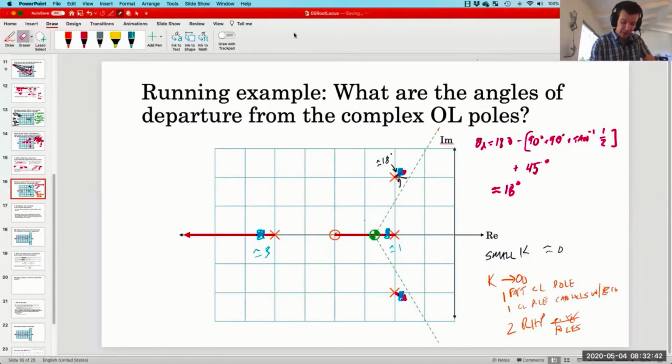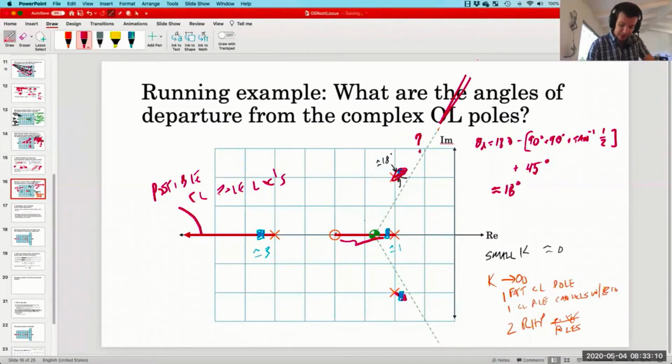And what these red branches represent are those possible closed loop pole locations. Now, this is just one branch, so this is just one closed loop pole location. This is another branch, and there is a third and fourth branch that we have this glimpse of, and we have this glimpse of, and we don't know how they get from there to there.